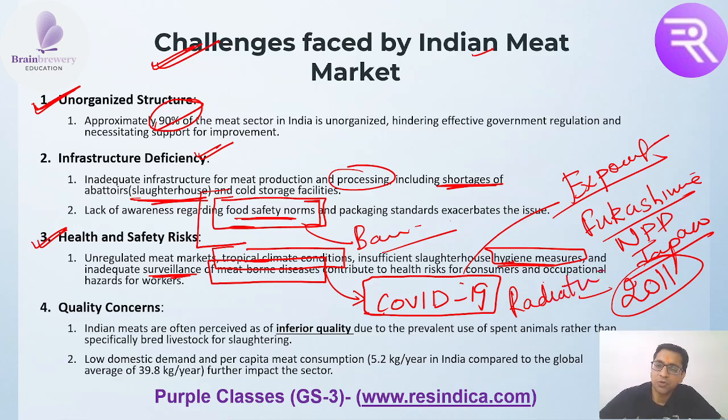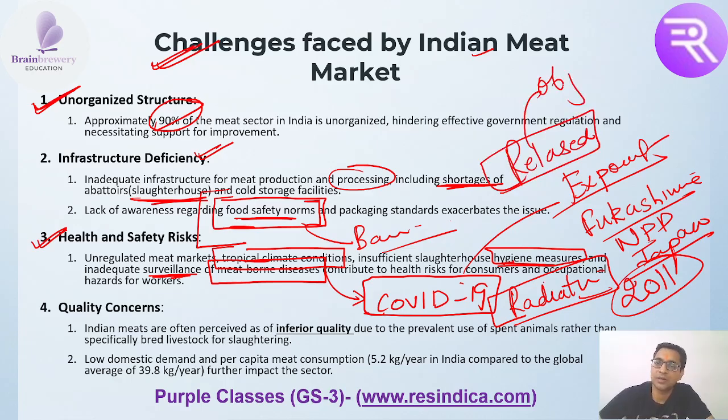About 2 years back, the water of this sea near the Fukushima was released to the other part, and because of that, China raised objection and issued an advisory that people should not eat any fish coming from the waters of the Fukushima. It may contain radiation. So again, this is a surveillance measure.